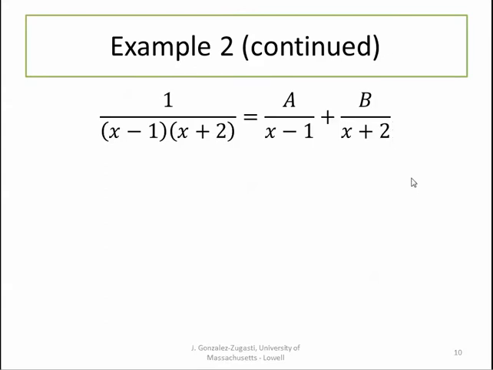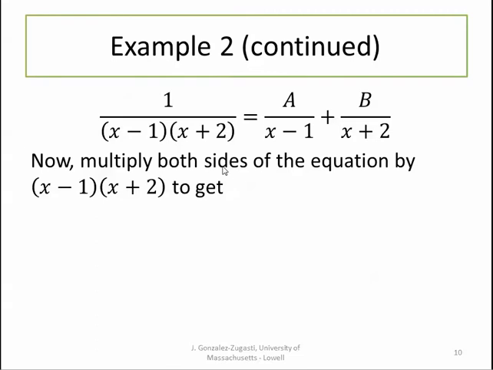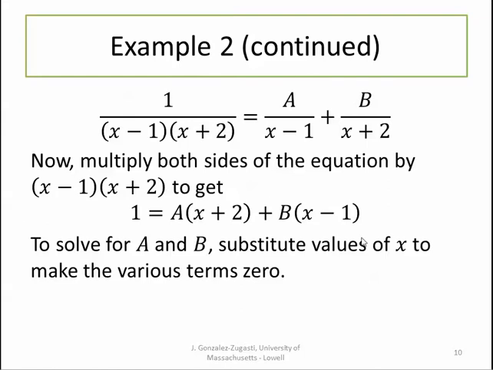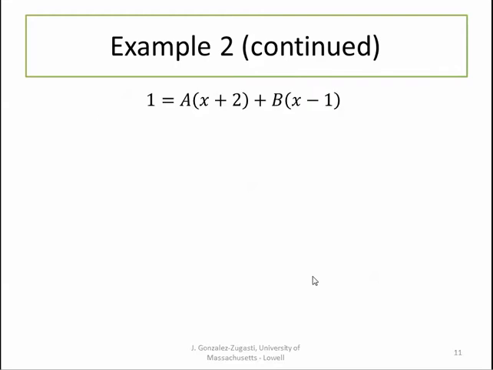Now what I'm going to do is multiply both sides of the equation by (x - 1)(x + 2), the denominator of our rational function, to get this equation here. 1 is equal to A times (x + 2) plus B times (x - 1). Now we're going to solve for A and B. To do that, I'm going to substitute values of x into here to make various terms 0. So the first thing I'm going to do is look at this term here, and to make that term equal to 0, I'm going to plug in x equals 2.